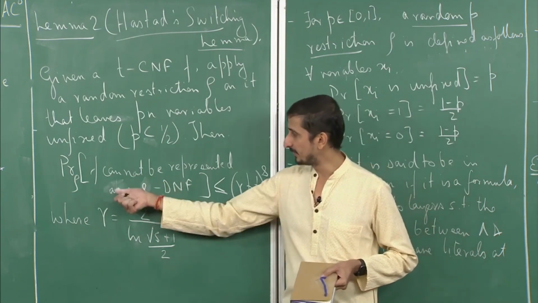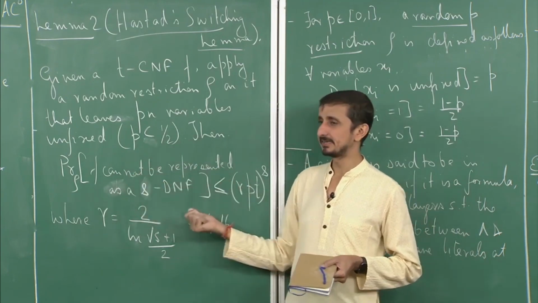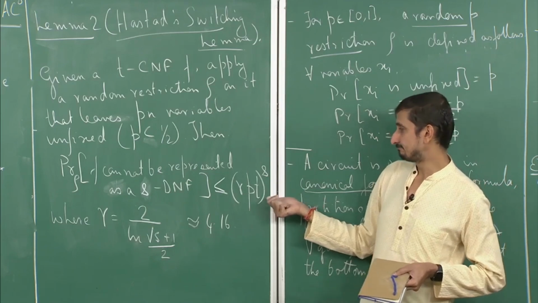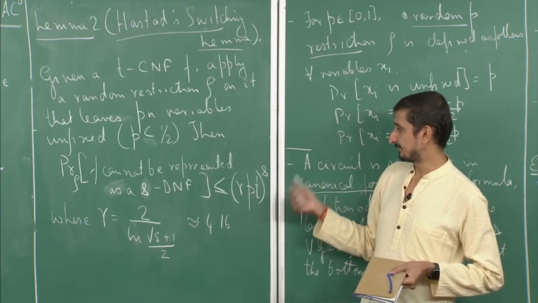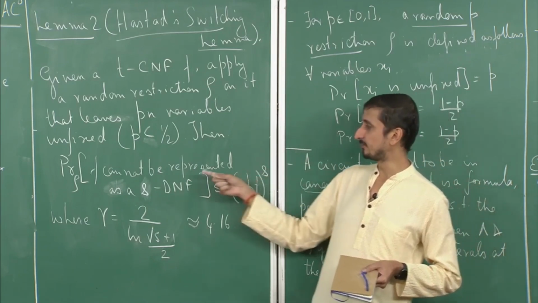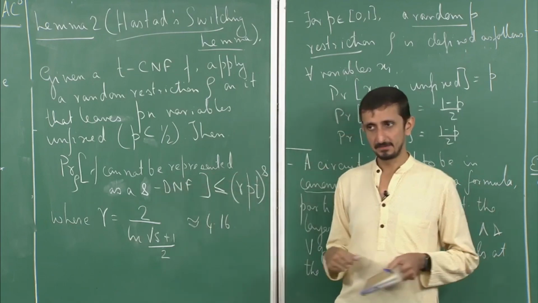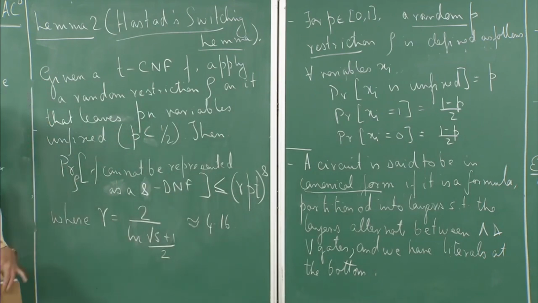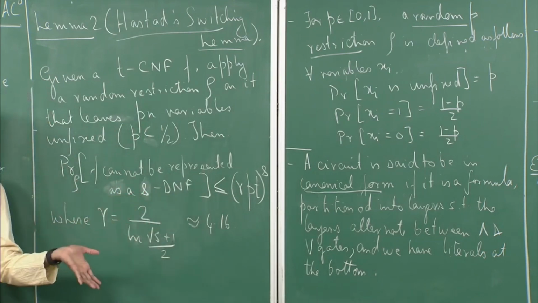In other words, the probability that it cannot be written as an s-DNF is small. As s increases, the value of this decreases.